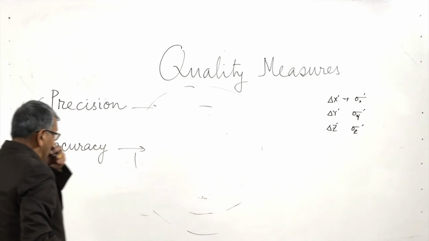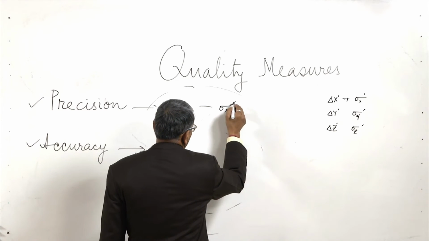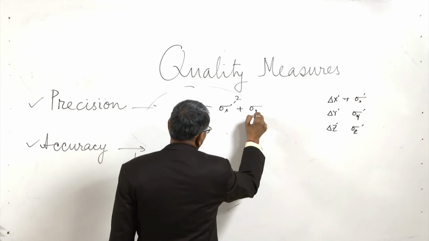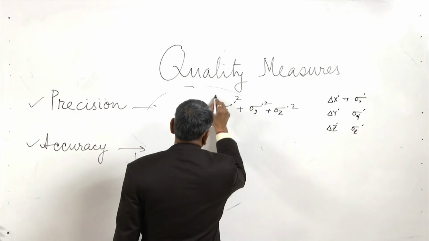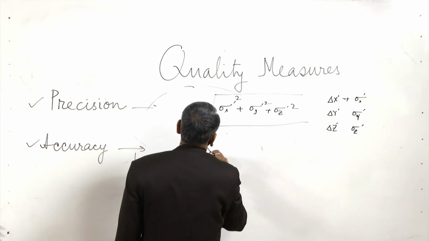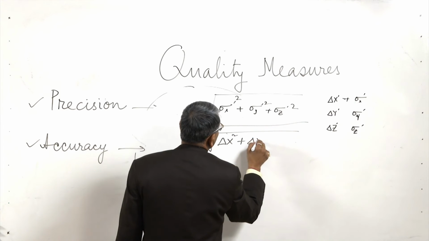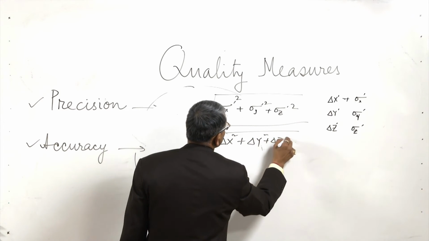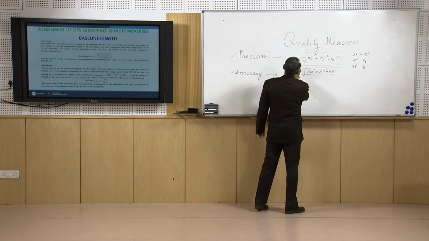So, we take the square root of sigma x dash square plus sigma y dash square plus sigma z dash square, divided by the square root of del x square plus del y square plus del z square. These are the components of the true length of the baseline.